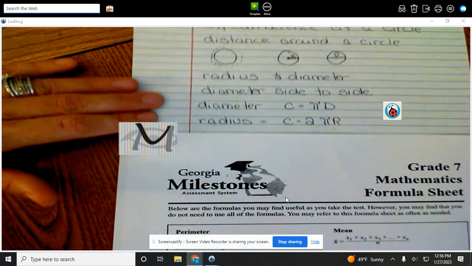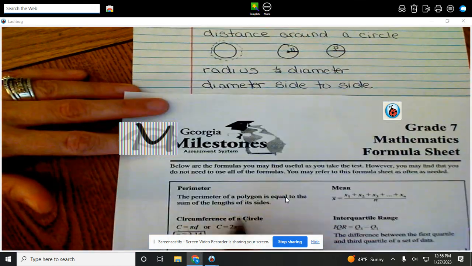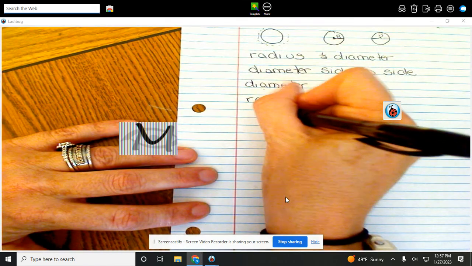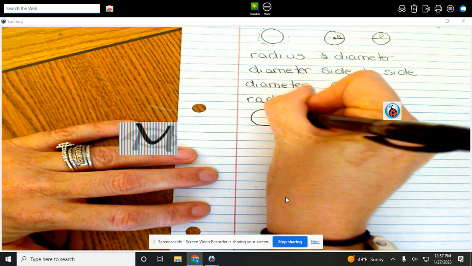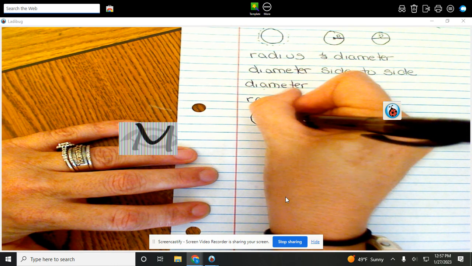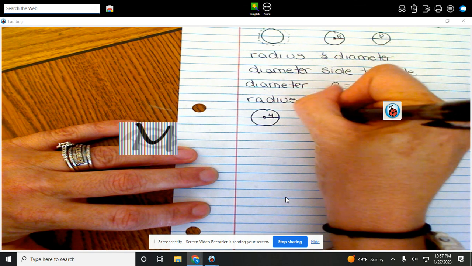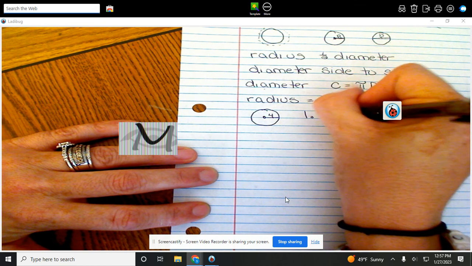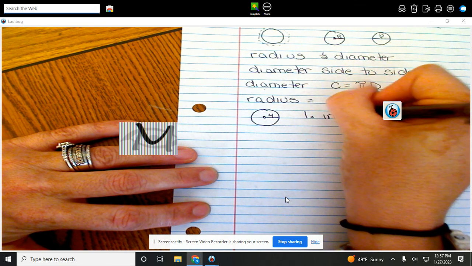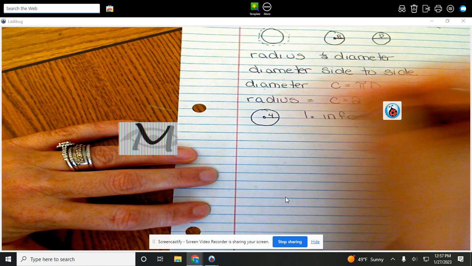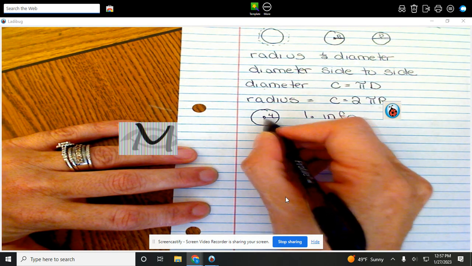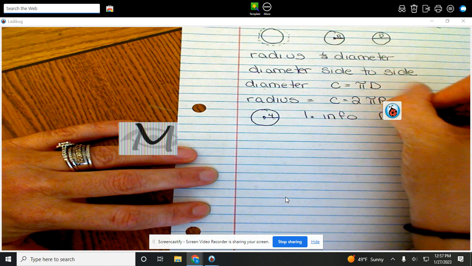So let's take a look into this a little bit more. You've got your information right here. Let's say that you're given a circle, and your circle gives you a radius of 4. The first thing that you want to do is determine your information. Our information for this one is that you have a radius of 4.